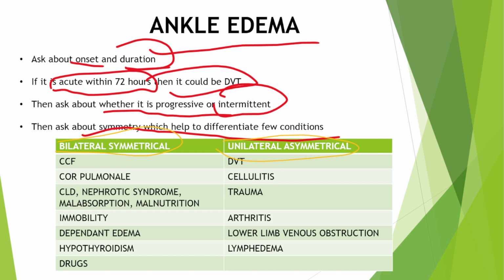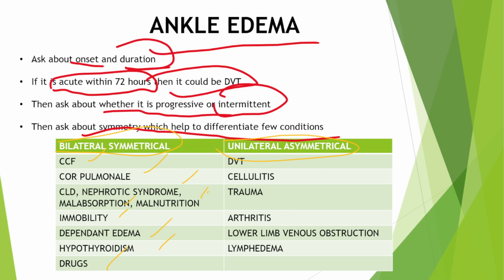As you can see, bilateral ankle edema will always be some kind of systemic illness like congestive cardiac failure, cor pulmonale, CLD, nephrotic syndrome, malabsorption, malnutrition, immobility, which will lead to bilateral pitting edema, dependent edema. Hypothyroidism leads to non-pitting ankle edema, and drugs like calcium channel blockers also cause non-pitting bilateral edema.